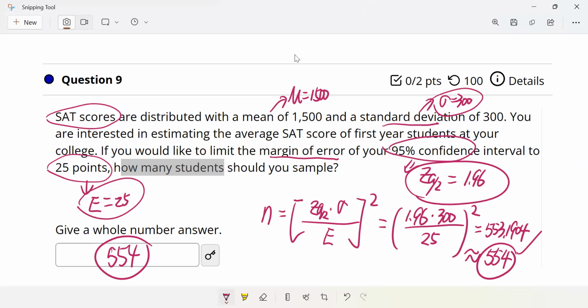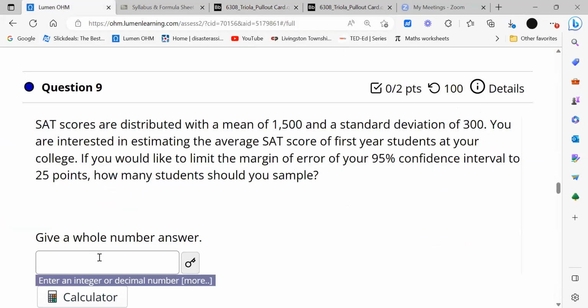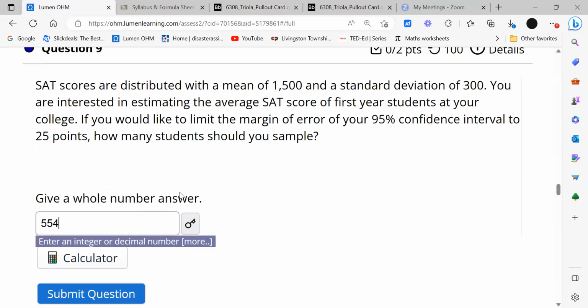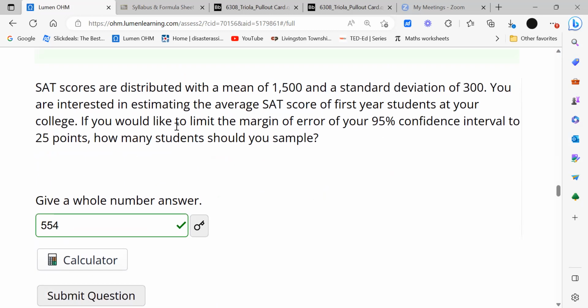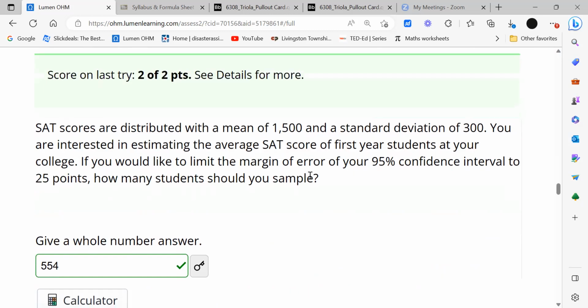So in this case, it will be 554 as the answer. This is the number of students you will need to survey in order to guarantee the margin of error is 25 points with 95% confidence. I checked it. So it's good. The answer is good. Any question about question 9?